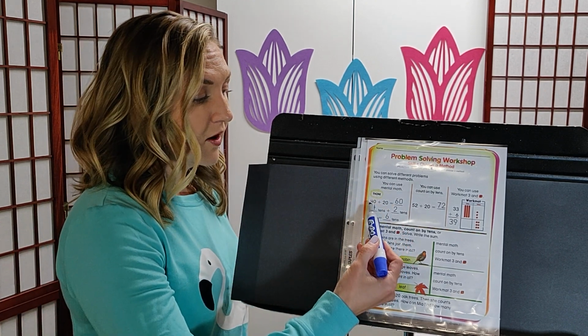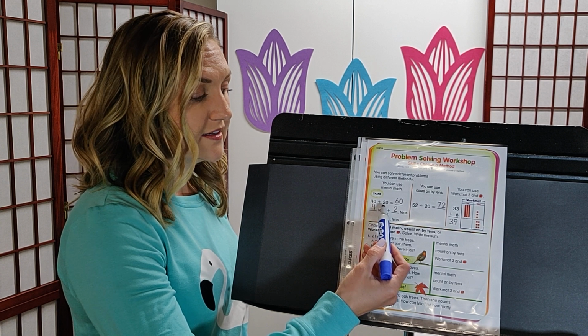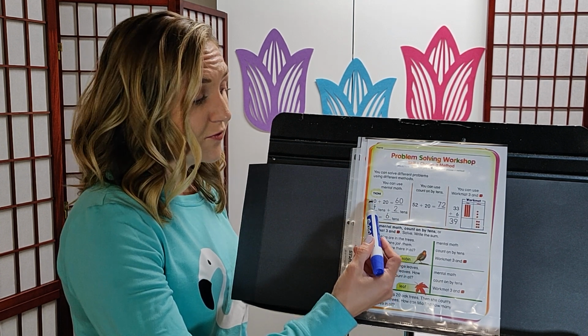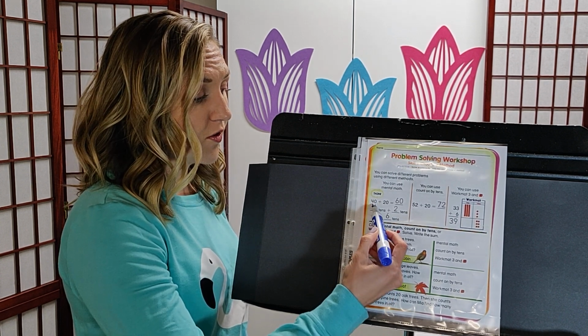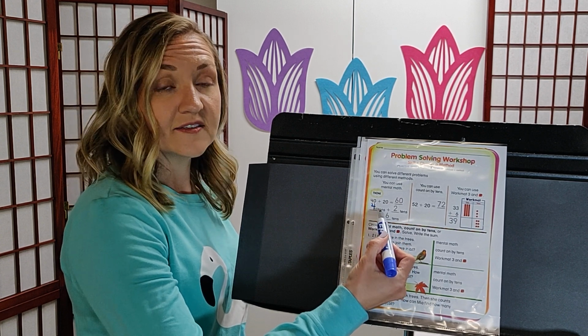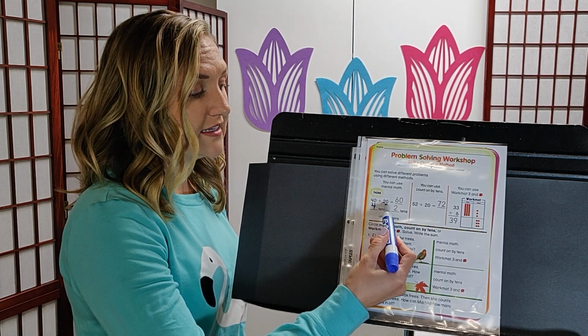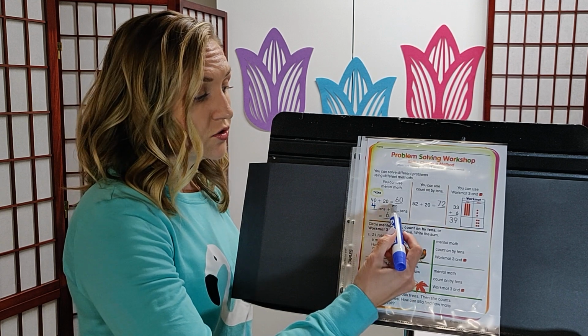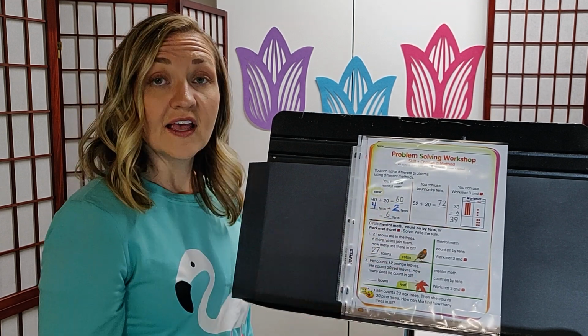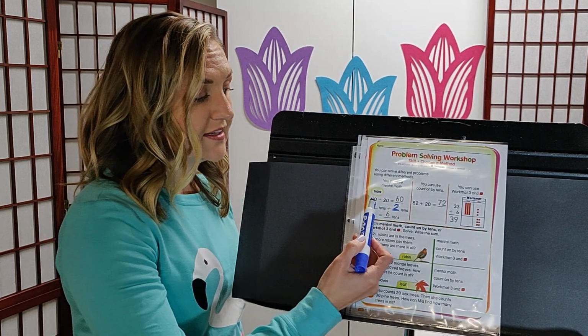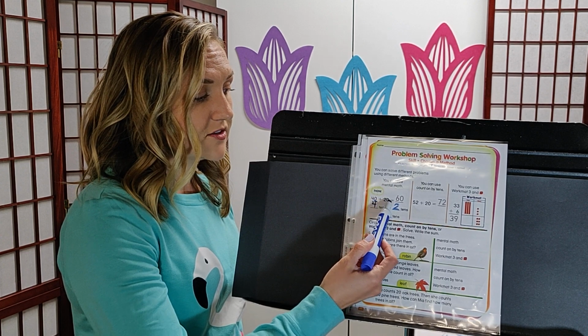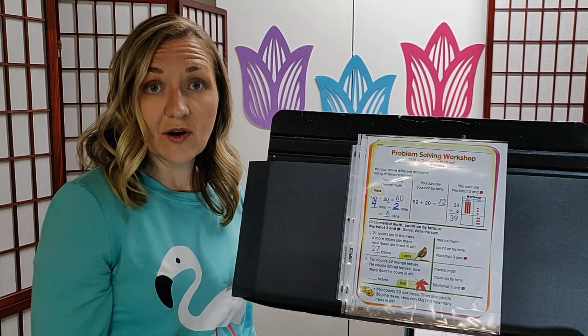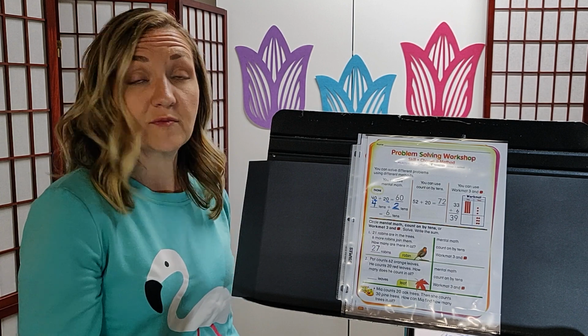For example, 40 plus 20. 40 is the same as 4 groups of tens, and 20 is the same as 2 groups of tens. We can use this strategy pretty easily because both of these two-digit numbers end with zeros, knowing that it's groups of tens.